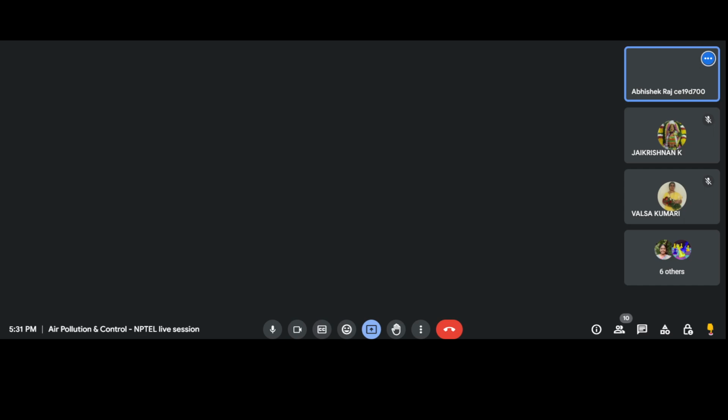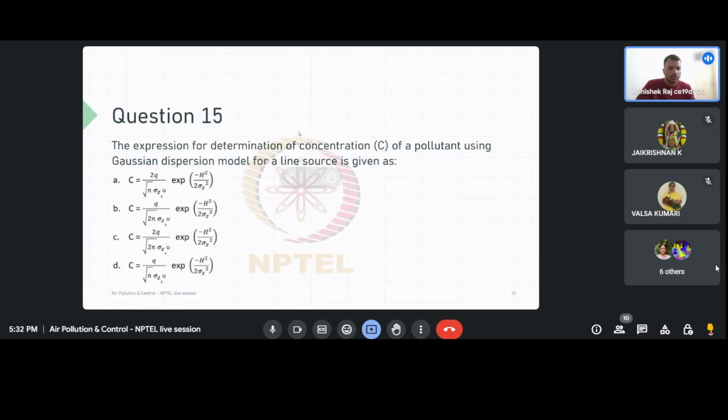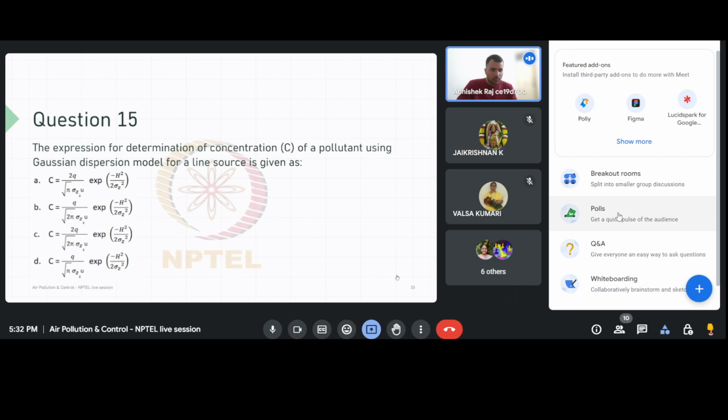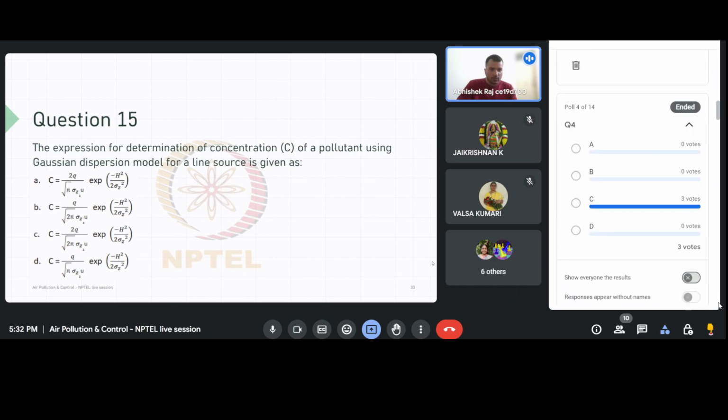Moving to question 15. The expression for determination of concentration of a pollutant using GPM for a line source is given as, you have four options here, A, B, C, and D. So little changes. Drop the poll. You can quickly select which one is the correct one.